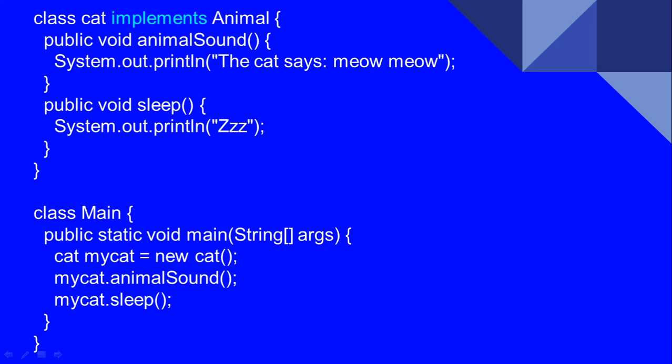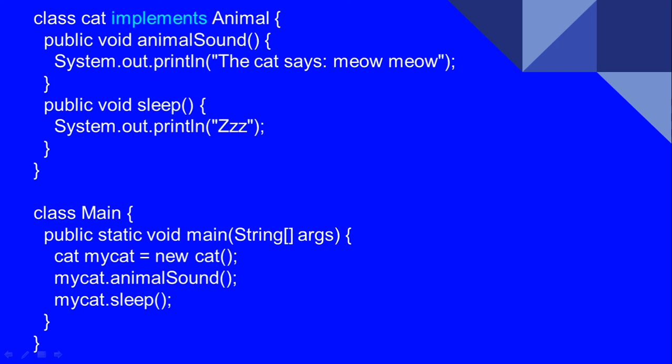Now I am using myCat.animalSound. So animalSound we can access through the object myCat, and sleep is another function I can access from myCat. So this is how to use the implements option in order to have interfaces.